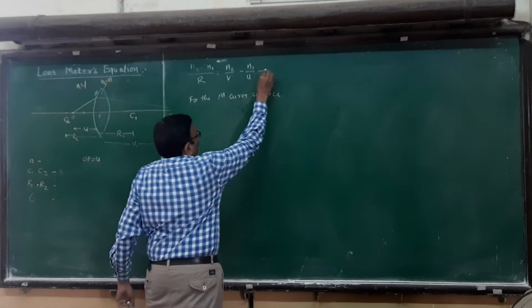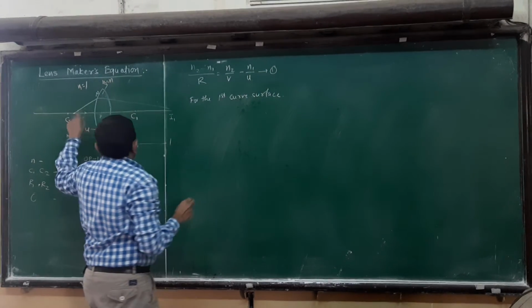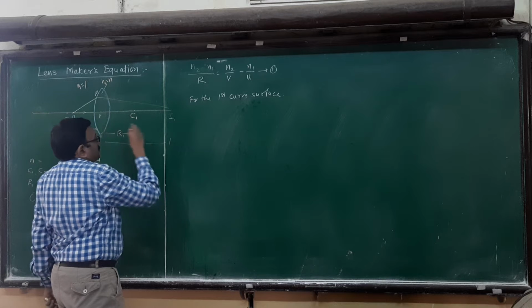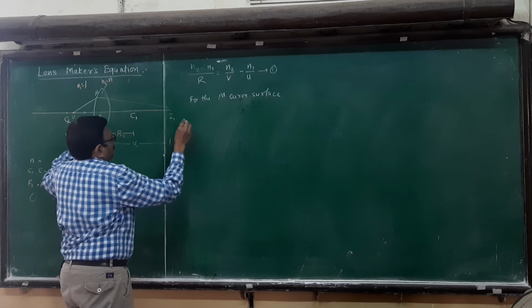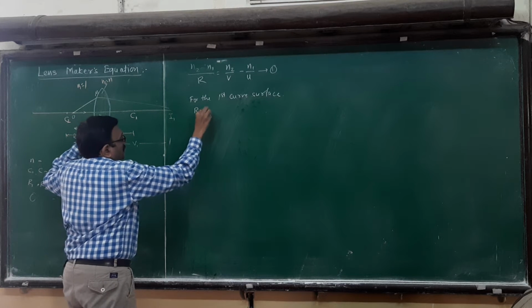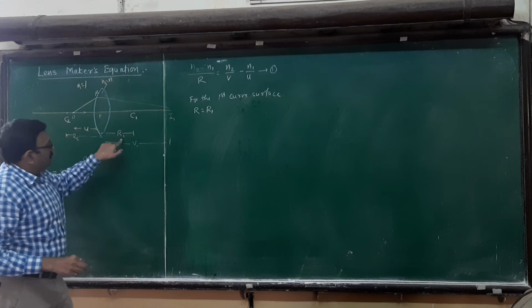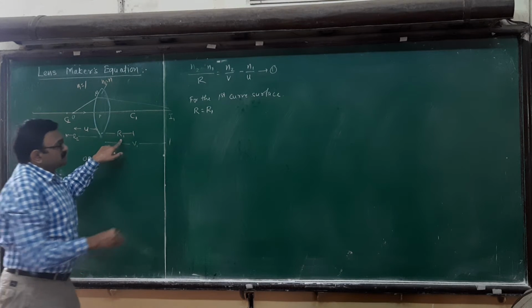Call this equation number 1. Now we substitute the corresponding values for the first curved surface. Instead of R we substitute R1, the radius of the first curved surface.